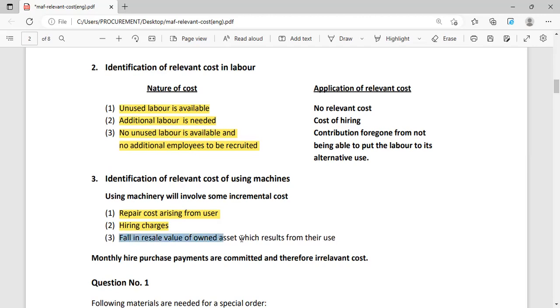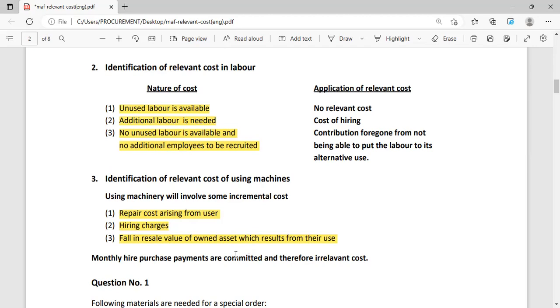For example, if the scrap value of the asset is 20,000 if you did not use the machine for the project, but the question states that once you accept this project, you will only be able to sell it for 10,000, it means in the course of going for that project, the resale value of the machine has dropped.